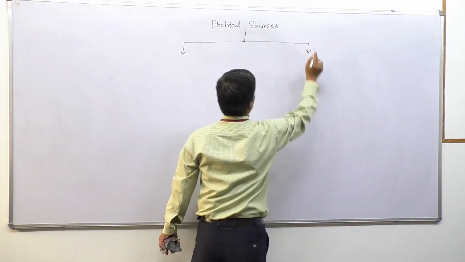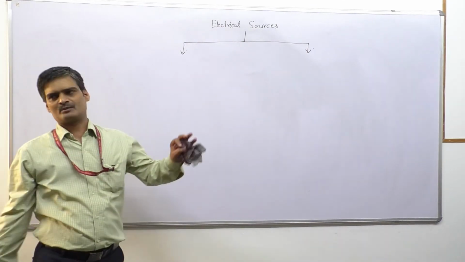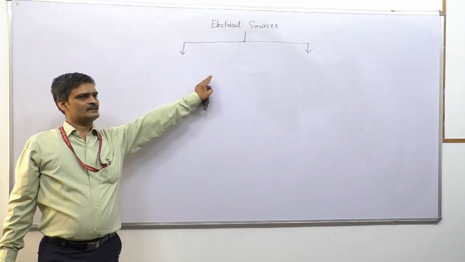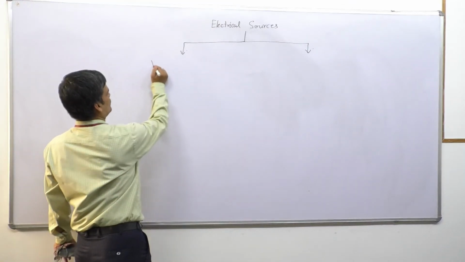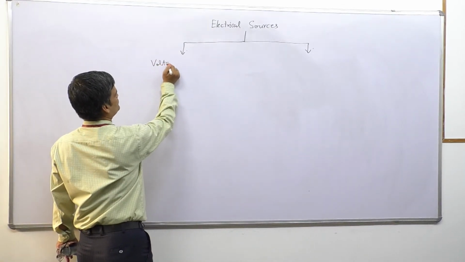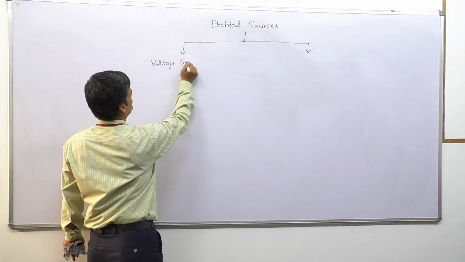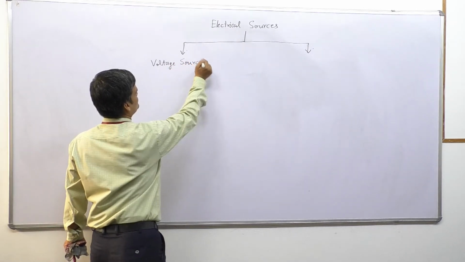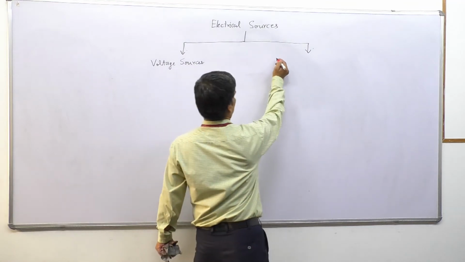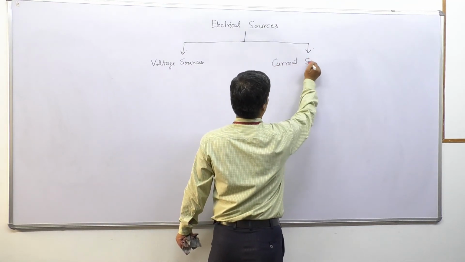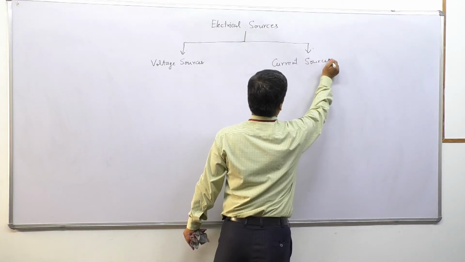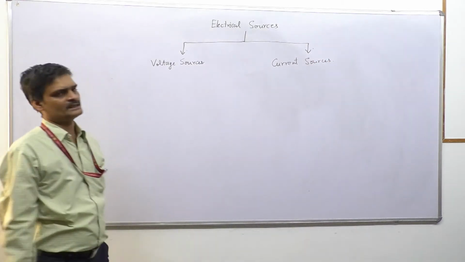So the broad classification of electrical sources, we have broadly classified the electrical sources under two categories: voltage sources and current sources. This is the broad classification.